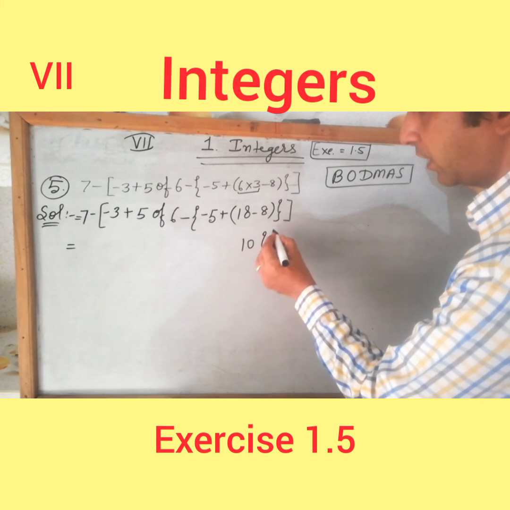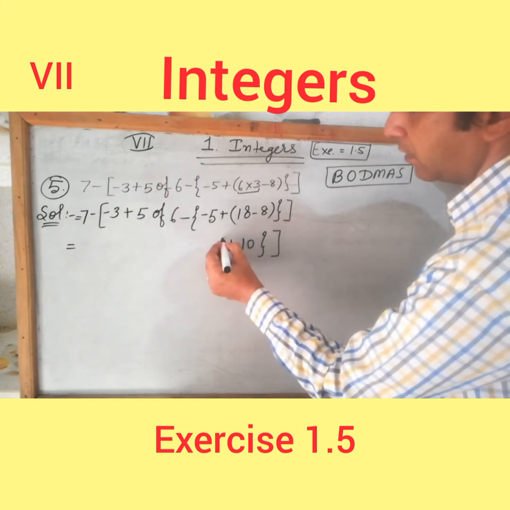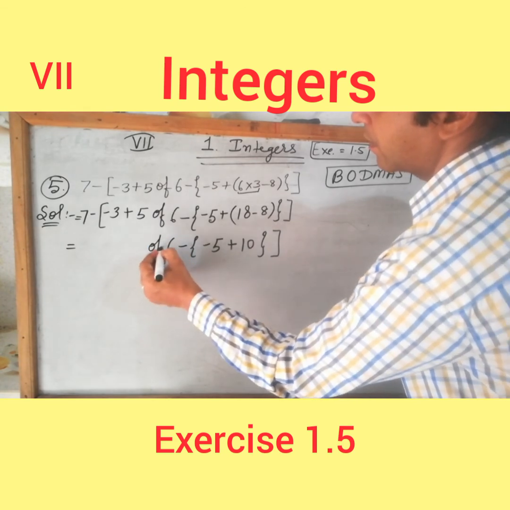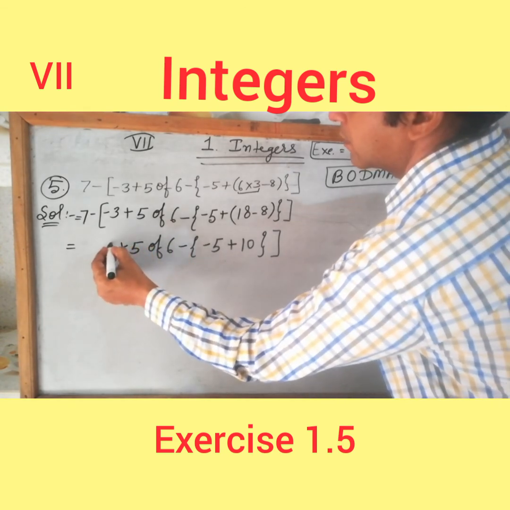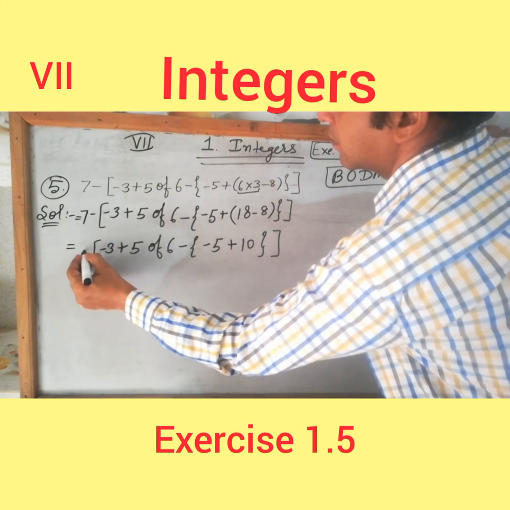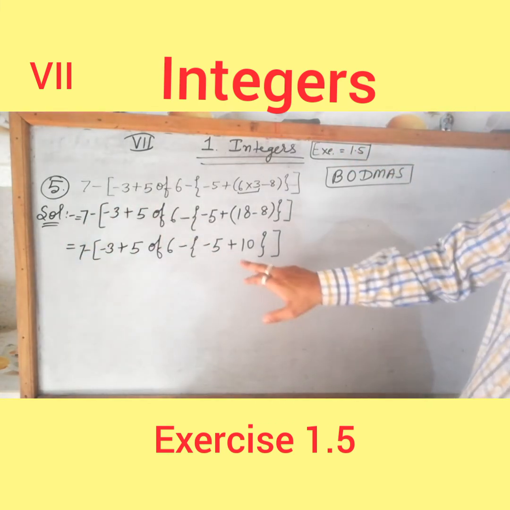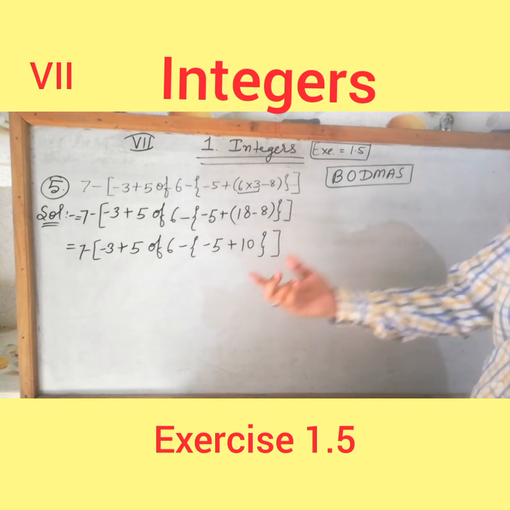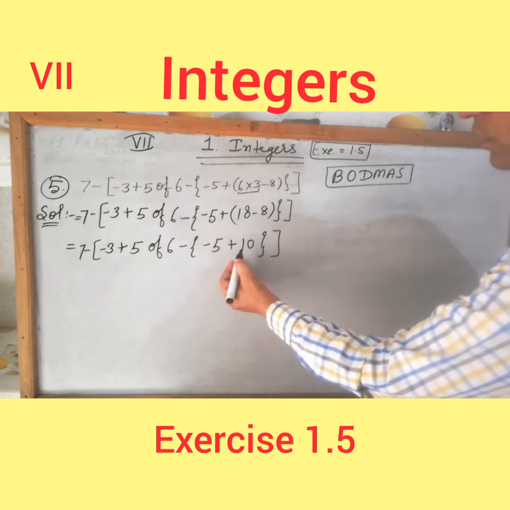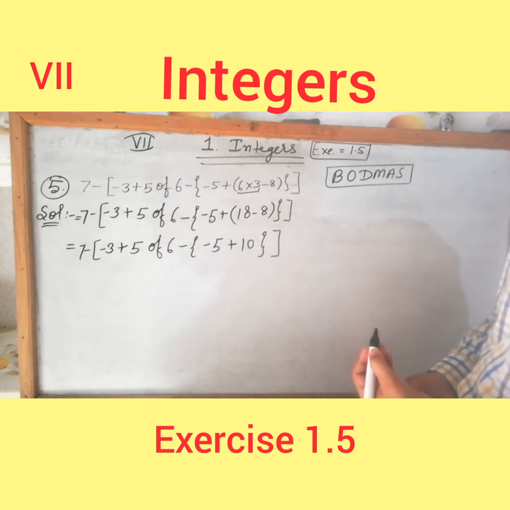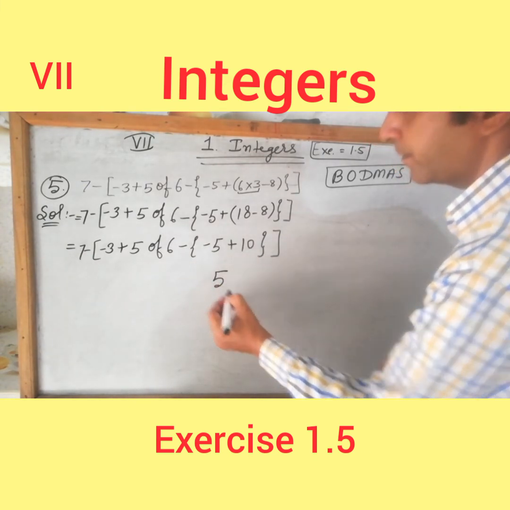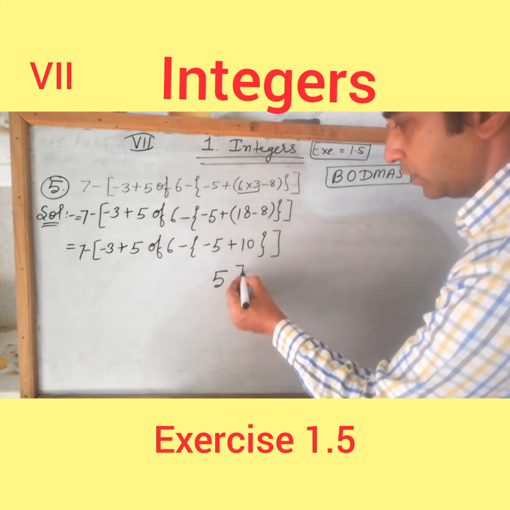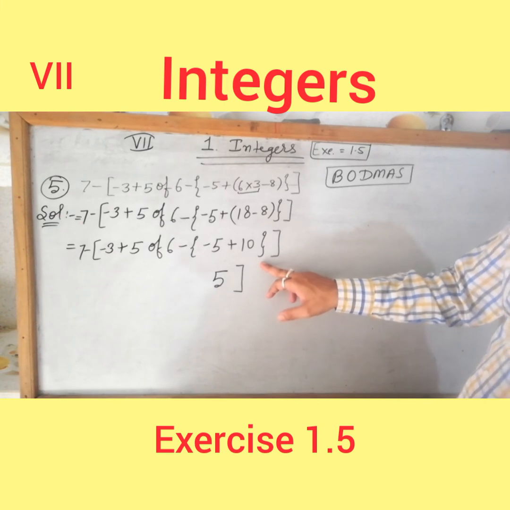Now the curly bracket: minus 5 plus 10. See, the small bracket is closed, it has been solved. Now we move to the curly bracket. So minus plus minus 10 minus 5 is 5. Now see, it has also been solved, so we no longer need the curly bracket.